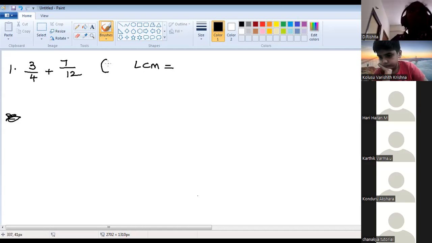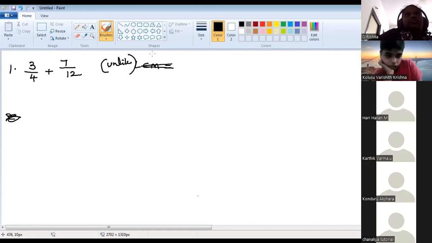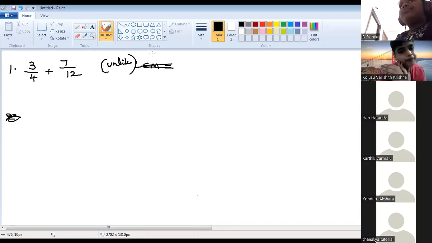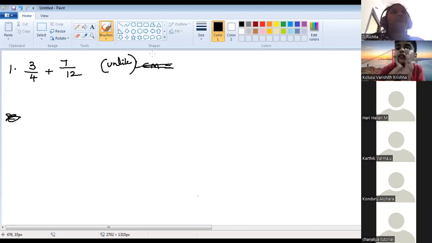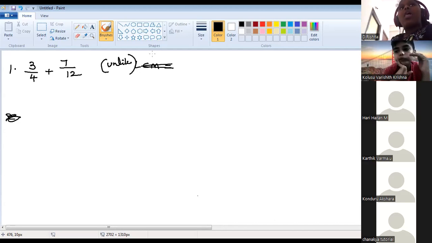A very simple technique, children. Because with unlike fractions we can't add or subtract, we can't do any operations on unlike fractions. We can do only multiplication without any LCM. But for addition and subtraction, we should always have the same denominators, like fractions.